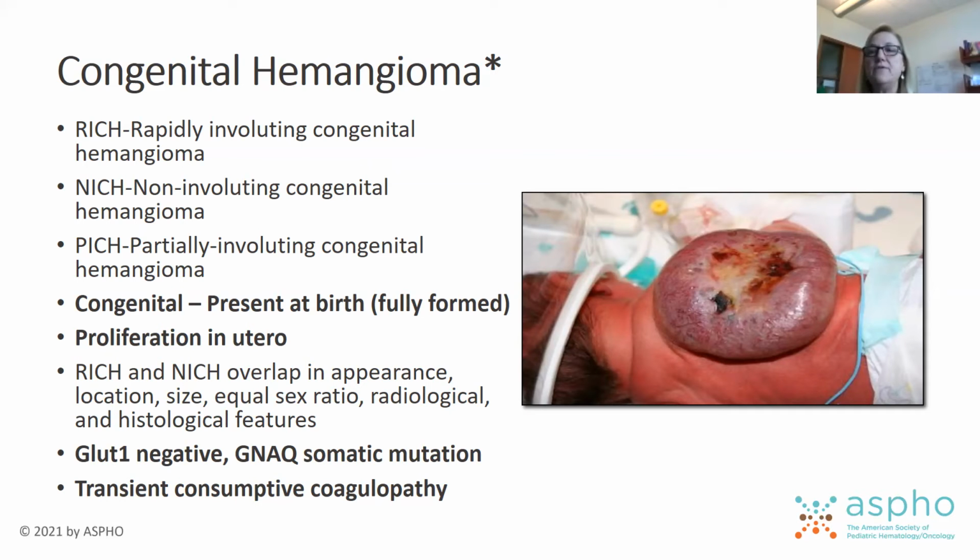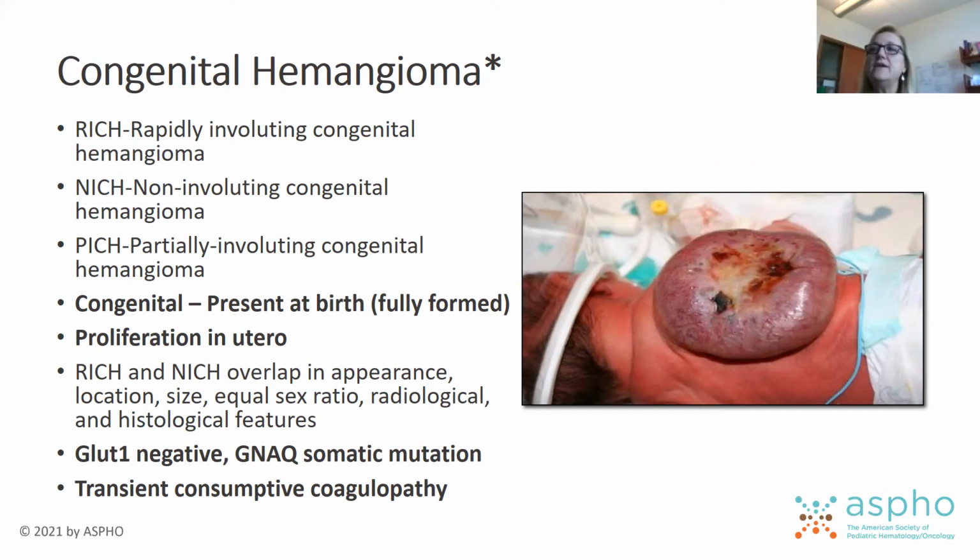They can be anywhere, and so you can have congenital hemangiomas of the liver, but you can also have congenital hemangiomas of the skin. And I can guarantee you that if a baby is born with this and you are on the solid tumor service, you will be consulted on a baby like this.